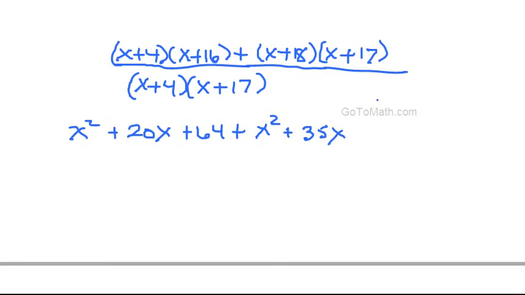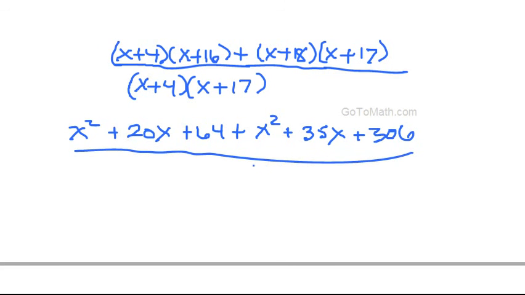And then we've got 18 times 17, which is 306.